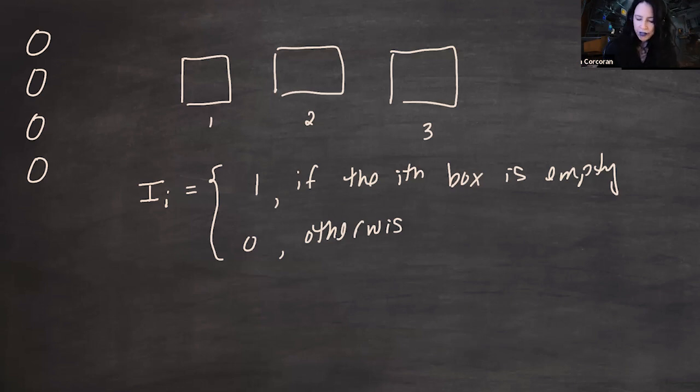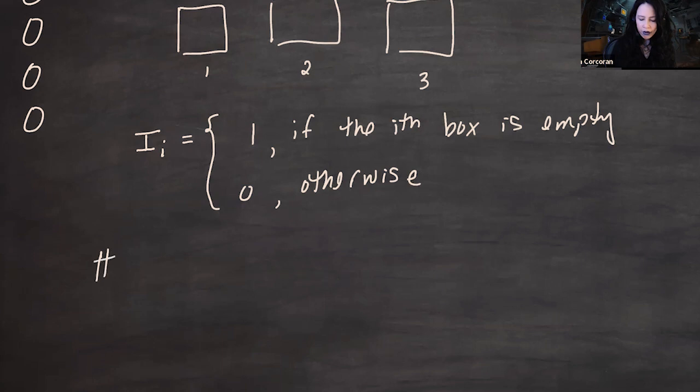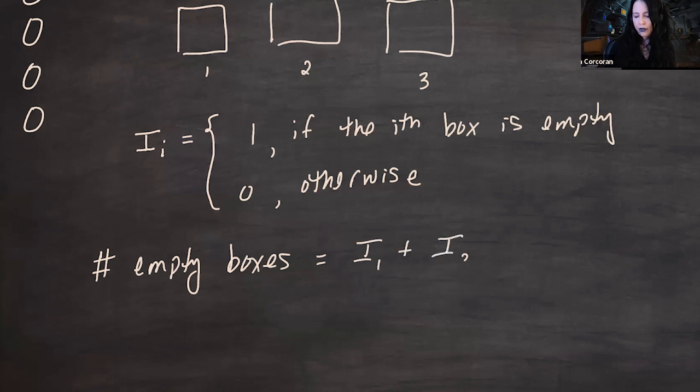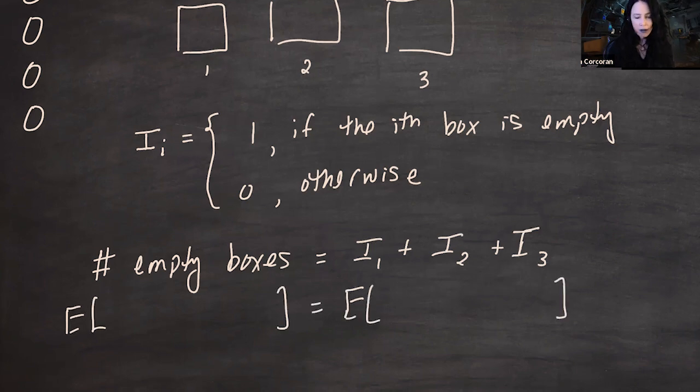But really, I'm trying to figure out when boxes are empty, so I want something that's going to indicate that to me and turn on. So then the number of empty boxes is I1 plus I2 plus I3. And the expected number of empty boxes is the expected value of this sum.